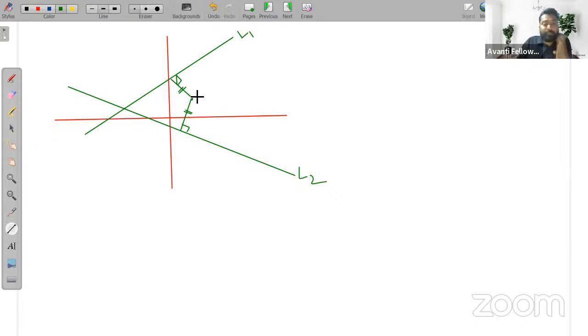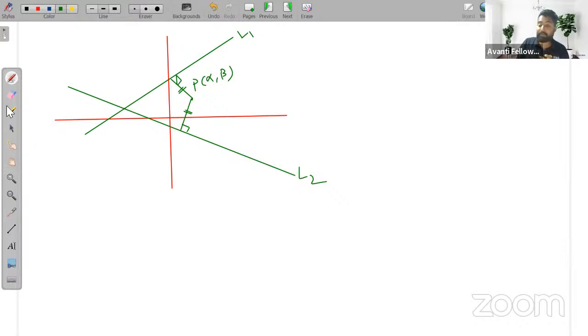Okay, that means P is the point whose coordinates are alpha, beta, which is lying on the equation of the angle bisector. Yes or no? Because P is the point which is equidistant from L1 and L2, right? And also P is lying below L1 and above L2. That means P is lying along the angle bisector.